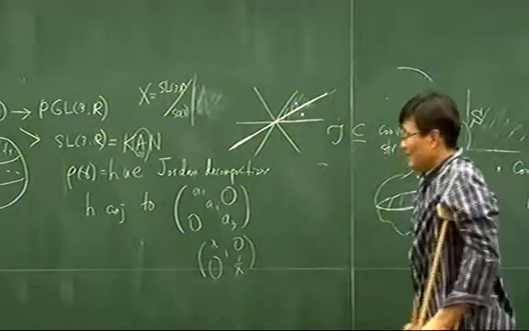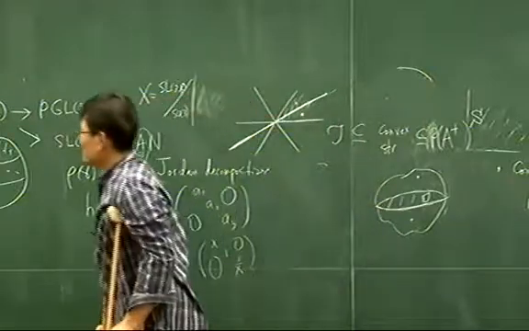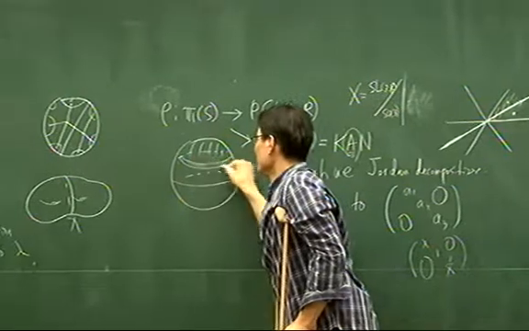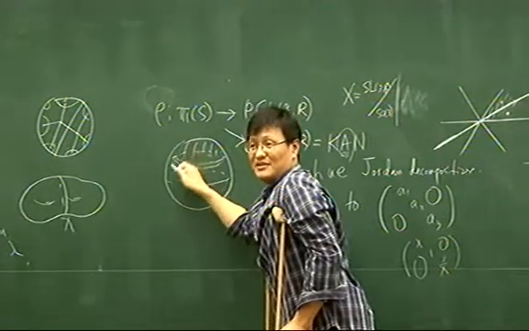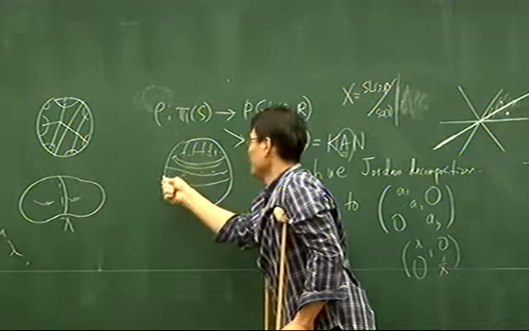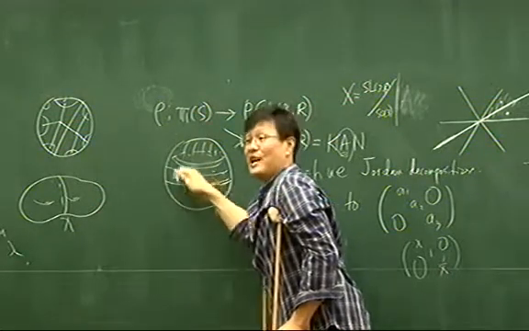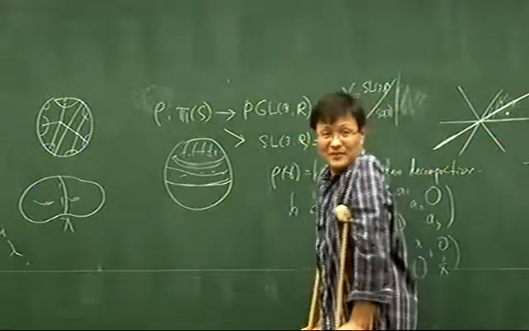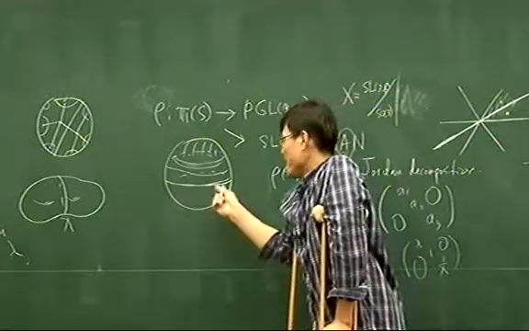For example, suppose you have a sequence of projective structures here. That means you have some convex domain. Suppose it's getting larger and larger, and at the limit this could be the whole hemisphere. In the limit, if this is the whole hemisphere, what happens?